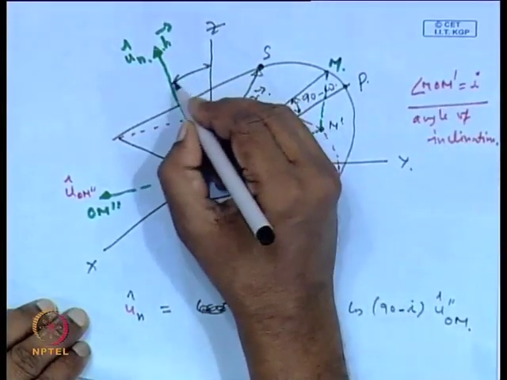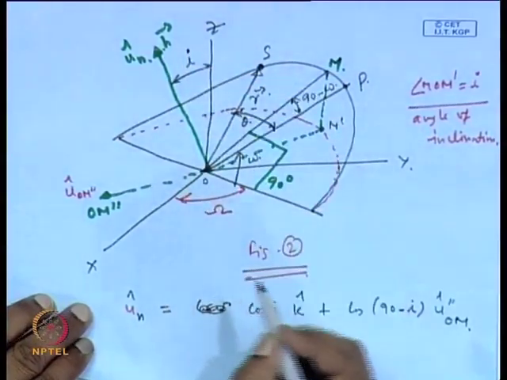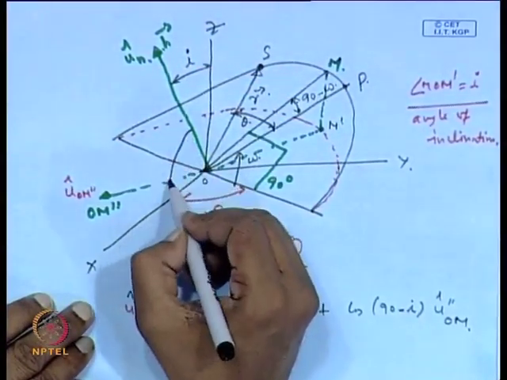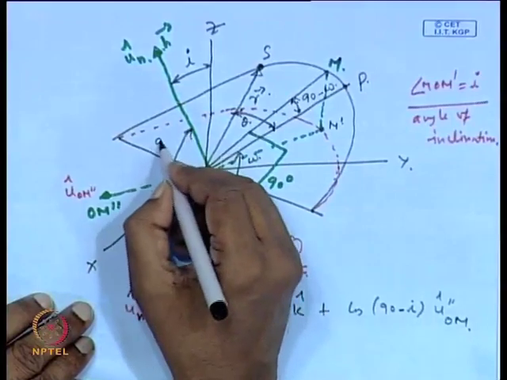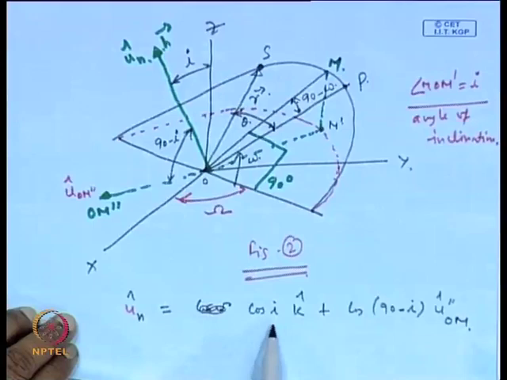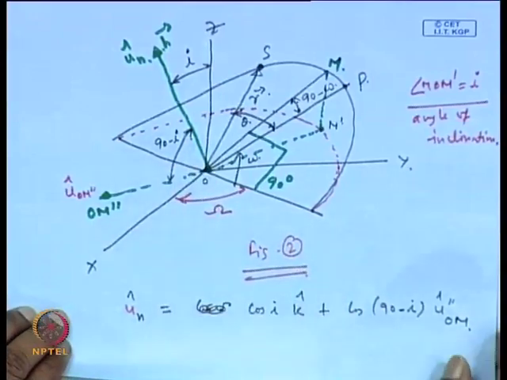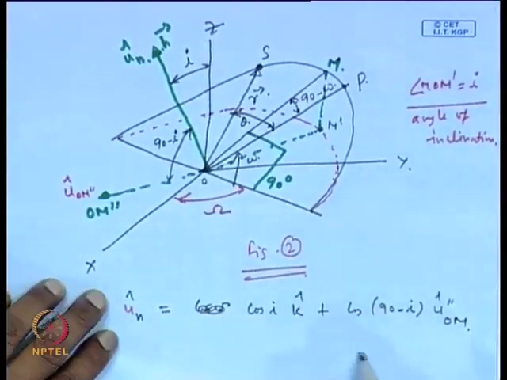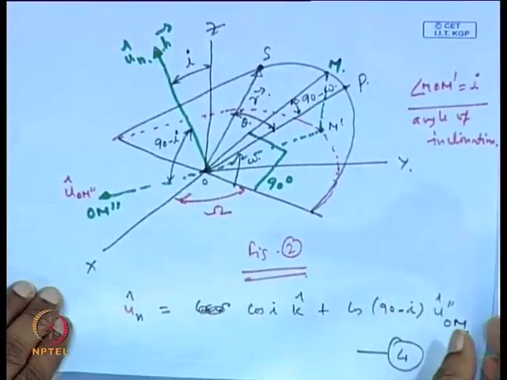So, the angle from here to here, this is the angle I. Okay. So, this angle from here to here, this is 90 minus I, which is pretty clear from this figure. So, this is our equation number 4.